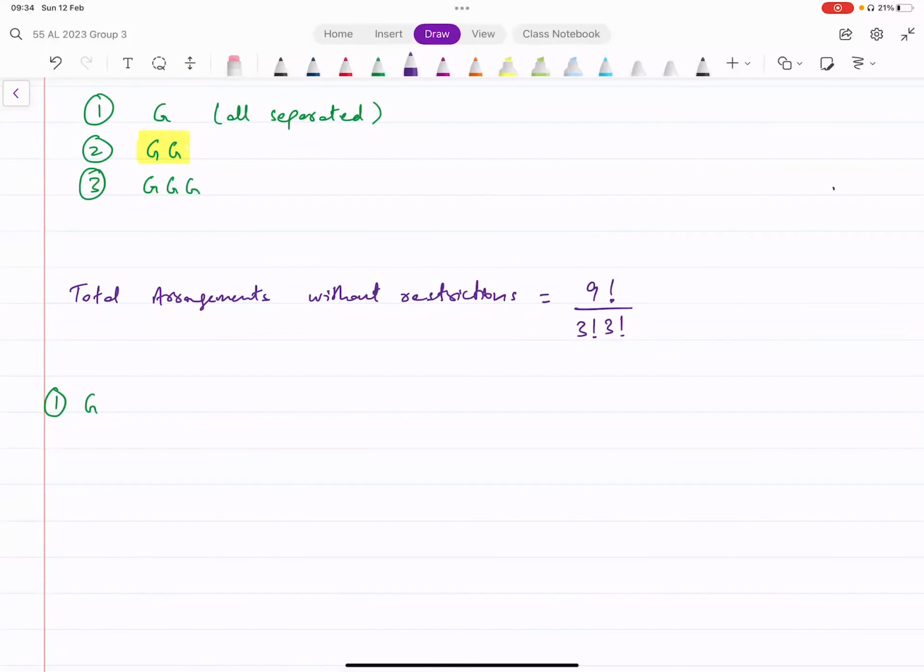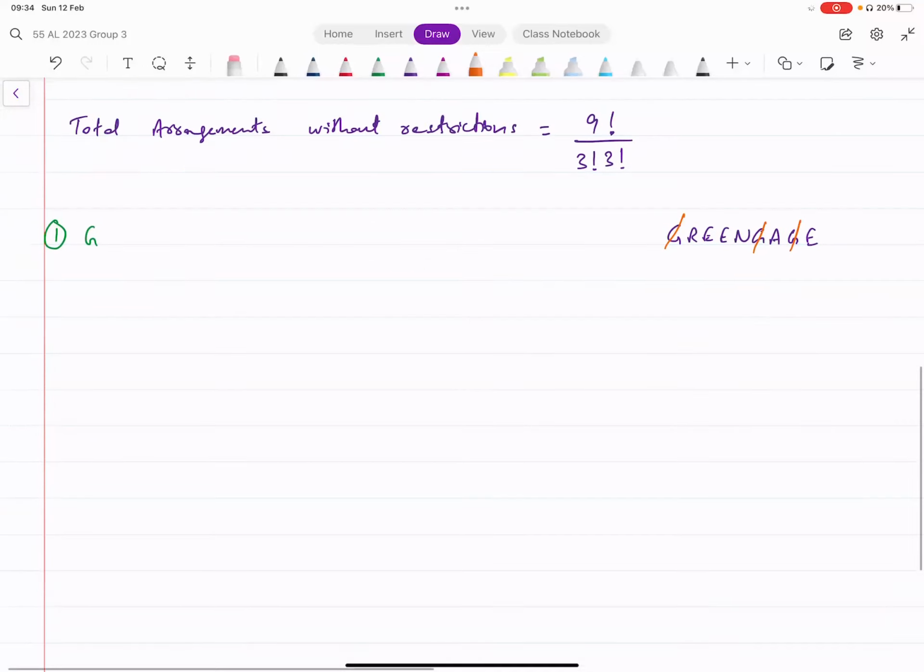We have green gauge. Write down the word here again. This is the word. We want all three G's to be separated. Now, if we eliminate the G's, how many letters are we left with? We have 6 other letters that you have to arrange.